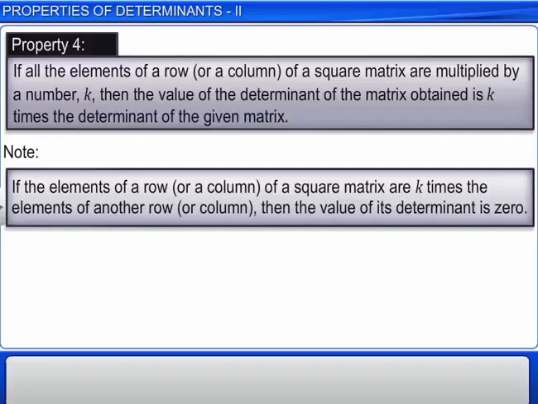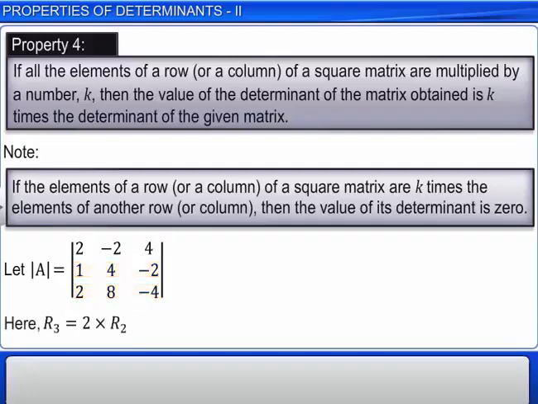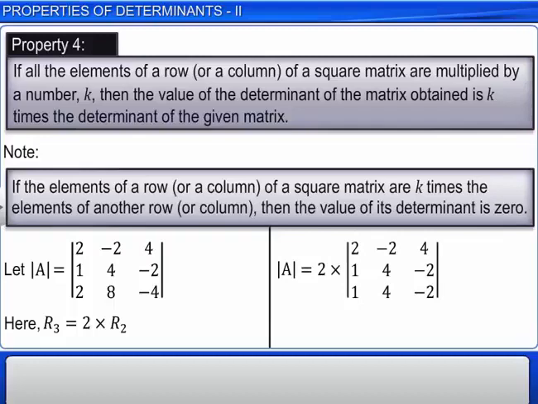Consider determinant A, such that its second and third rows are proportional. Here, each element of the third row is 2 times the corresponding element of the second row. Now, from property 4, on taking 2 common, determinant A can be written as 2 times the determinant whose second and third rows are identical.